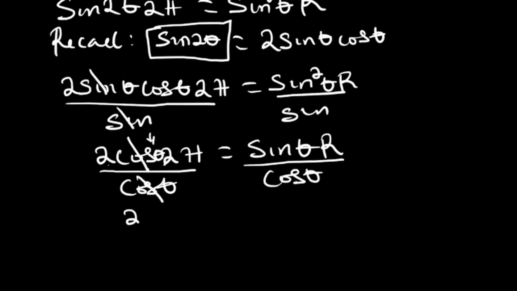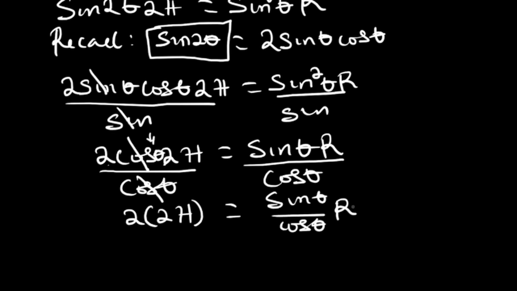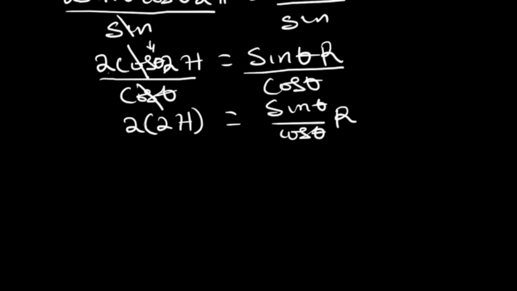Here we now have 2 multiplied by 2h is equal to sine theta over cos theta multiplied by r. Let's multiply this out right now. 2 times 2 gives you a 4, and remember that they are multiplied by the h, so you also have to bring down the h. This is equal to sine theta over cos theta multiplied by r.